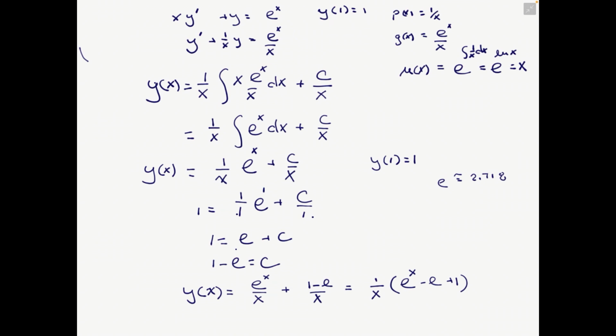Well, let's see what they got, if they have anything in the back. Okay, that was problem number... Yeah, that's it. That's the solution. Right on the money. Okay, we got it right.